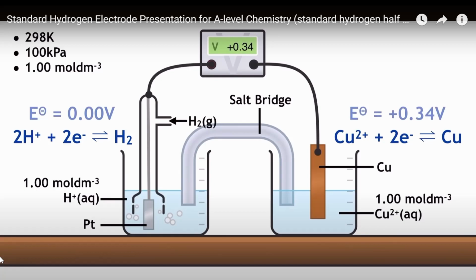Shockingly, it is positive 0.34 volts. I would like you to get in the habit of, when we are referring to volts, always putting a positive sign in front of something that's positive. Just like for oxidation numbers, if it's a positive oxidation number, you're going to put a positive. If it's negative, obviously, you're going to put a negative. But don't forget your positive signs.